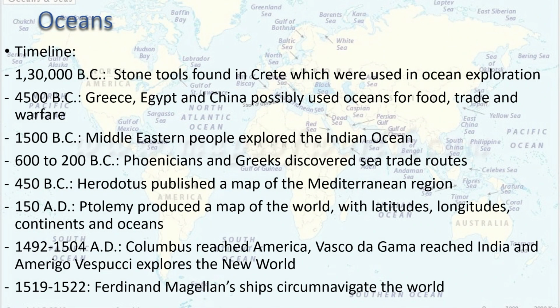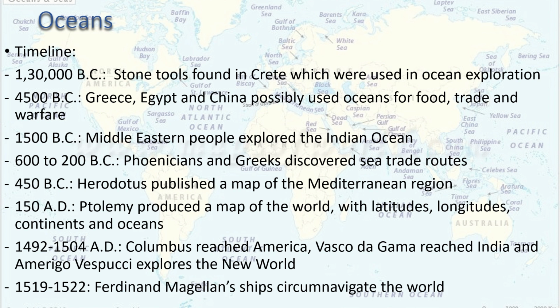So, children, from times immemorial, that means before we have got a written record of it, people have been using water and oceans to travel for different purposes, for food and so on. Some stone tools were found in Crete, which were used in ocean exploration.